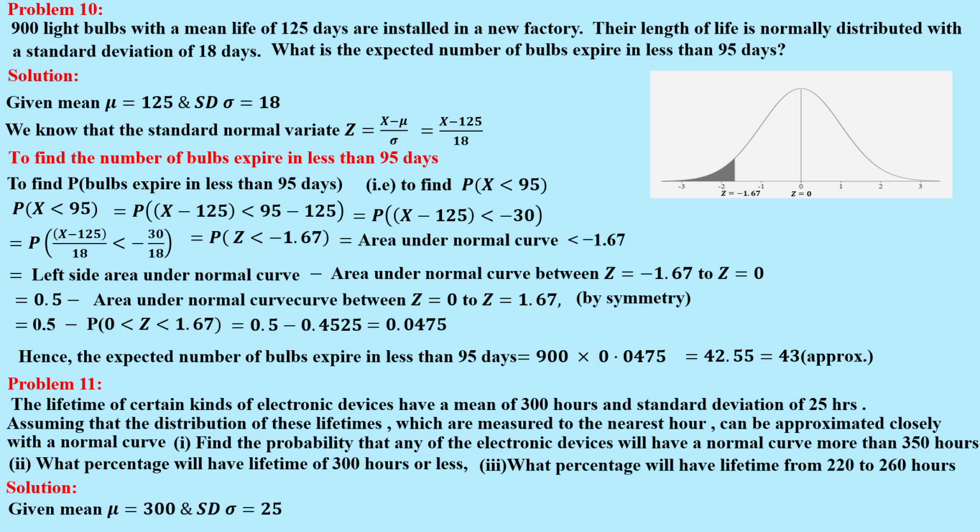Given mu is equal to 300, sigma is equal to 25. Standard normal variate Z is equal to (x minus mu) by sigma, right? Substituting the mu and sigma values. First question, to find the probability of more than 350 hours. So P of x greater than 350, subtracting mu and dividing by sigma as usual.